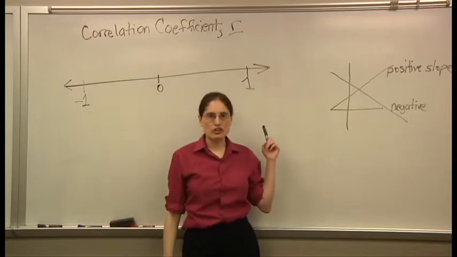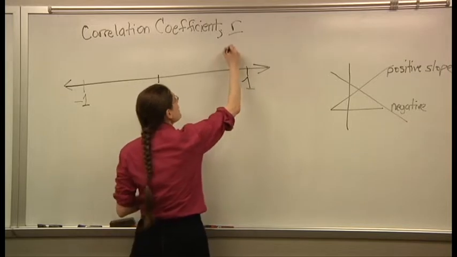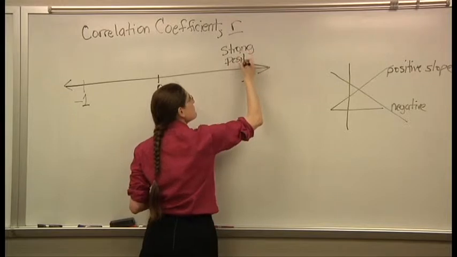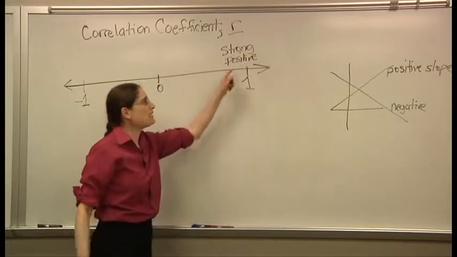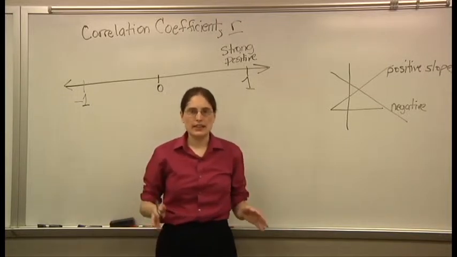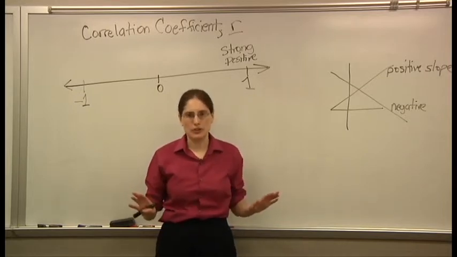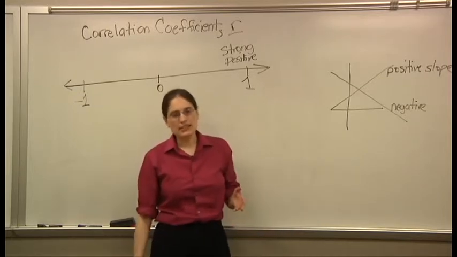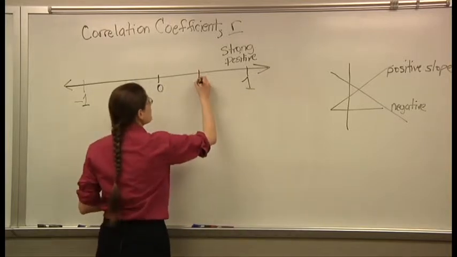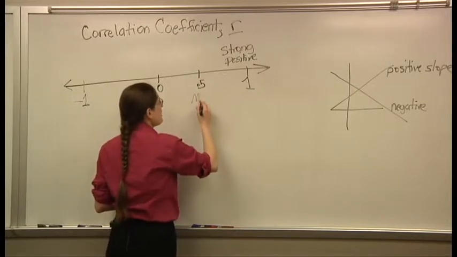If your correlation coefficient is close to +1, that means it is positive and strong. You're never going to see 1. If you had a correlation coefficient of 1, you would not be in statistics class, you would be in algebra class. But you might see 0.8, 0.9, these are strong. 0.5 is kind of moderate.